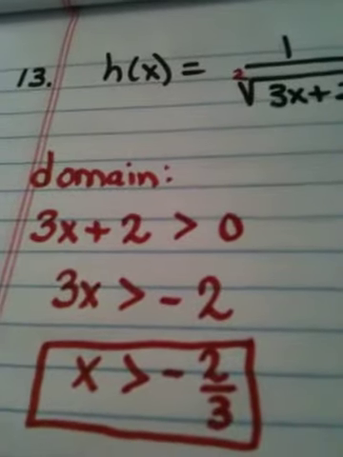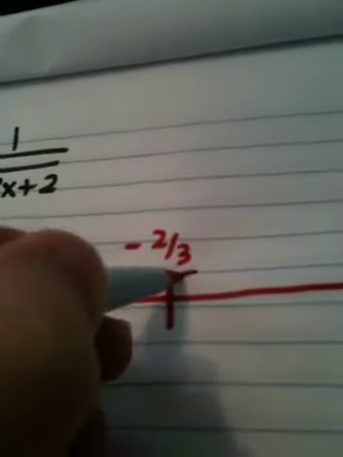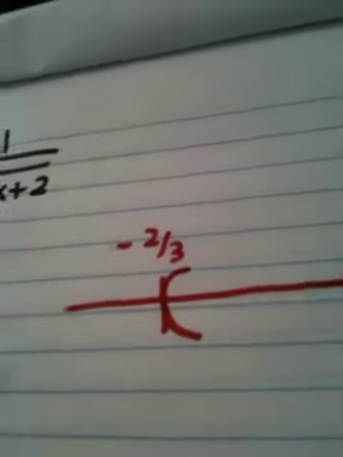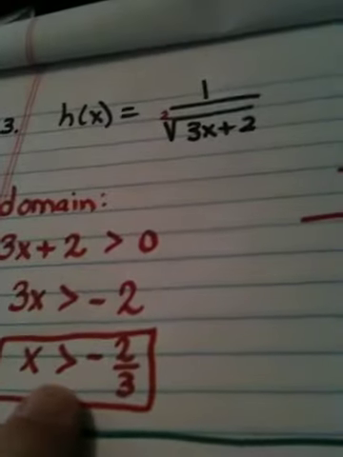Now, you were asked to write your domain using interval notation. Go to your number line. Draw x is greater than negative 2/3. So we find negative 2/3. I hope you're going to put a paren on it and not a bracket. And of course the reason you're putting a paren is there is no equals.